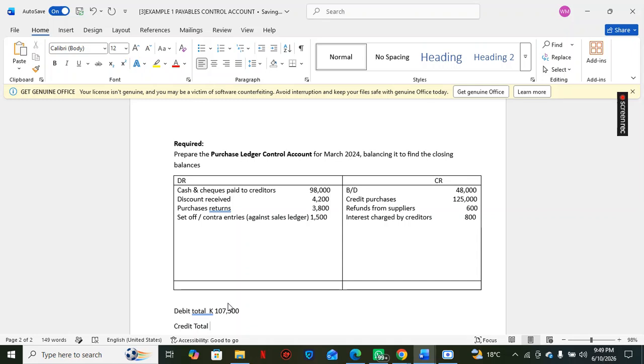Then the credit total, we say 48,000 plus 125,000 plus 600 plus 800. That gives 174,400. So you put the larger amount on both sides here.